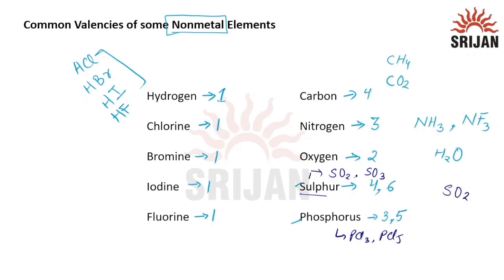In the molecule SO2, to find the valency, you have to double the number of oxygen atoms. There are 2 oxygen, therefore 2 into 2 will be 4. In this case, the valency of sulfur will be 4. In sulfur trioxide, SO3, again you have to double the number of oxygen atoms, that is 2 into 3, so the valency will be 6. In this case, the valency is 6.